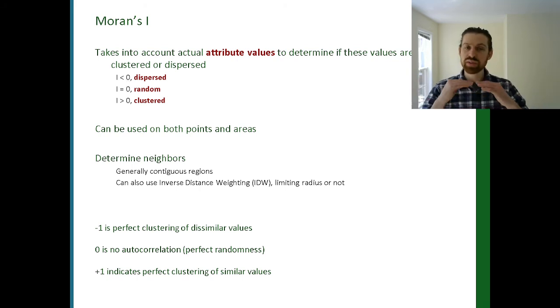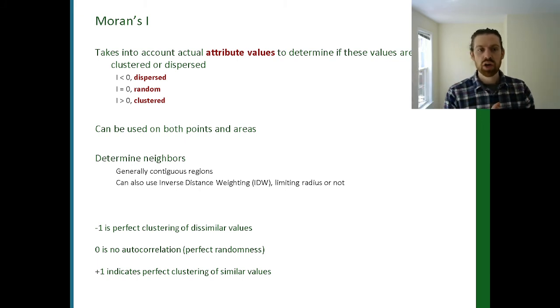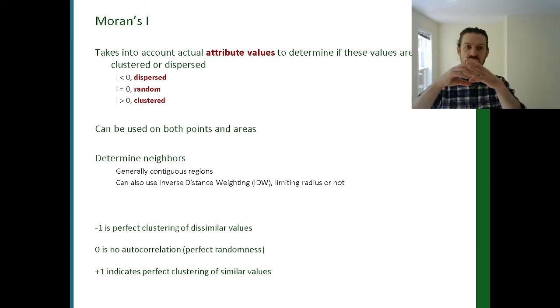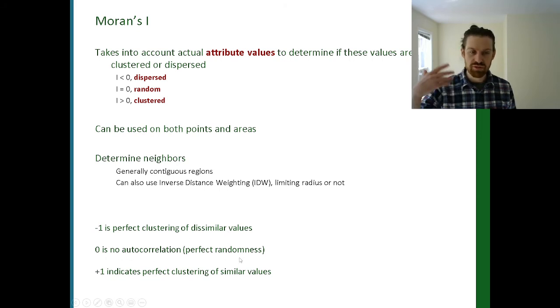If I is equal to 0, the data are randomly distributed, there's no relationship. If I is larger than 0, the data points are highly clustered. We can use this on both points and areas. Basically, -1 is perfect clustering of dissimilar values, 0 is no autocorrelation, perfectly random outcomes, and +1 is perfect clustering of similar values.